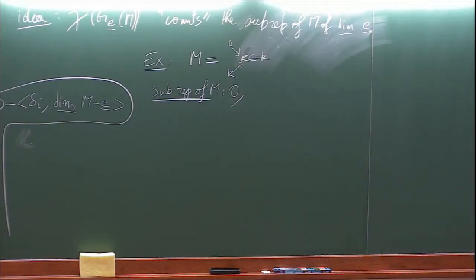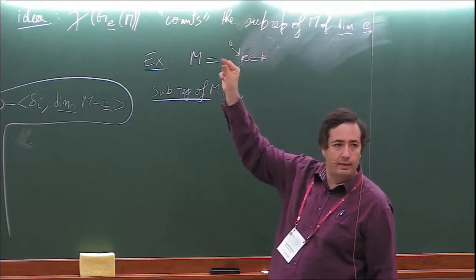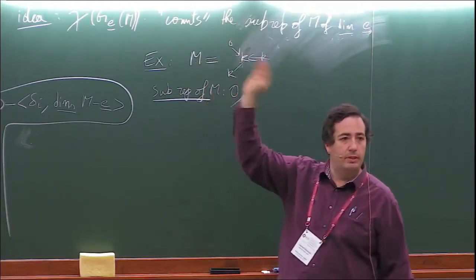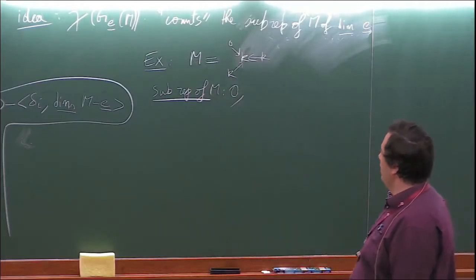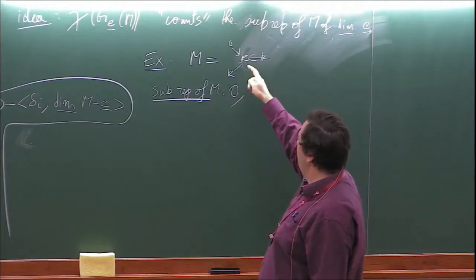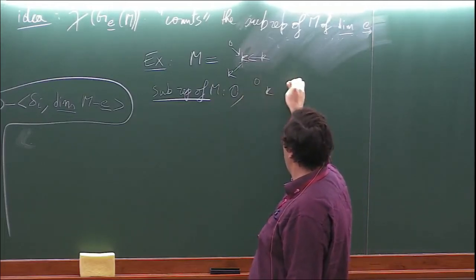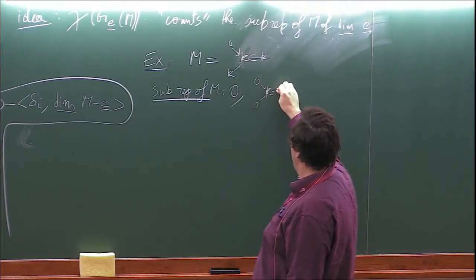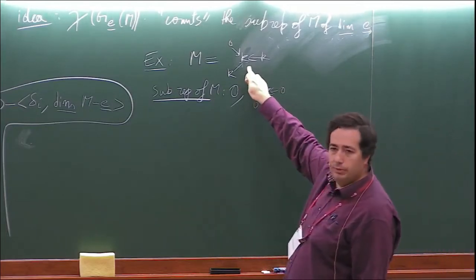What next? There is a general thing: you always need to start at the tip of an arrow. A sub-representation needs to be stabilized by the action of the arrows. So the next one in terms of size will be the simple supported at the middle point. Any other sub-representation will contain that.